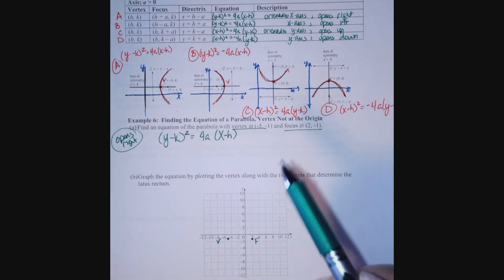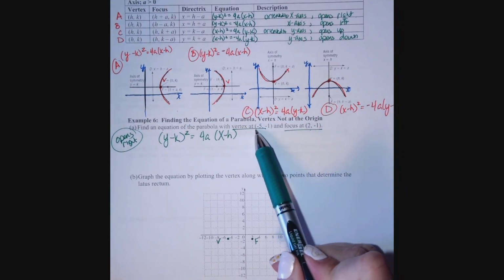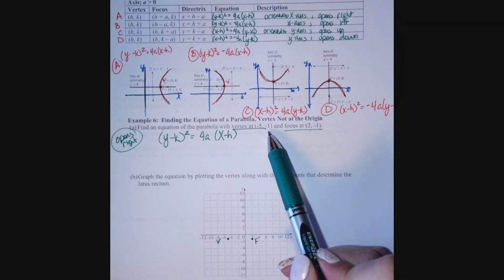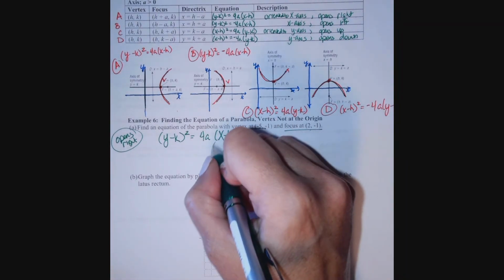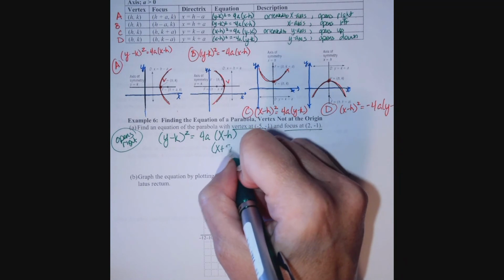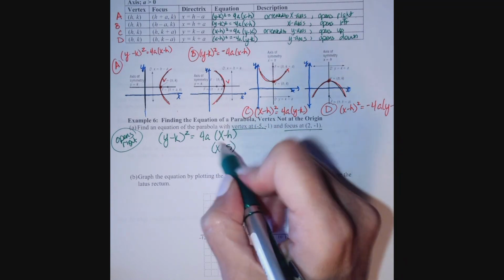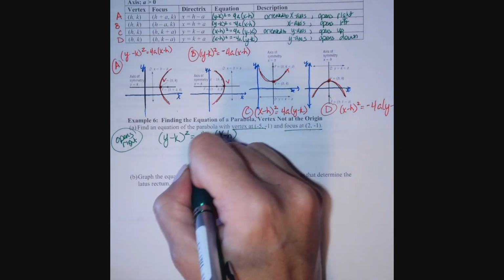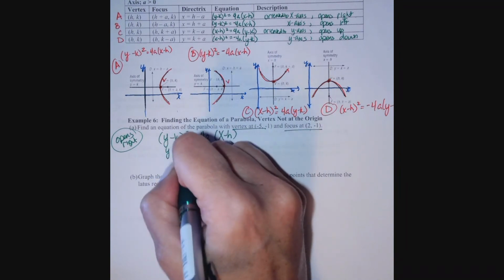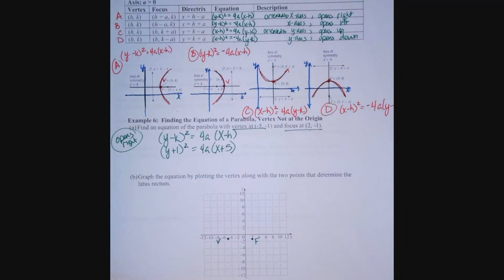My vertex shifted left 5 and down 1. So that makes that x plus 5, because I plug in that negative 5, and y plus 1, because I plug in that negative 1.